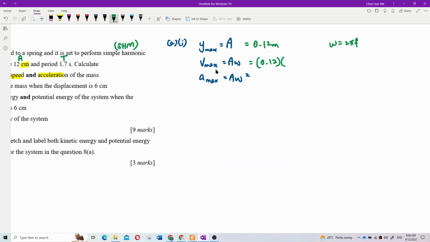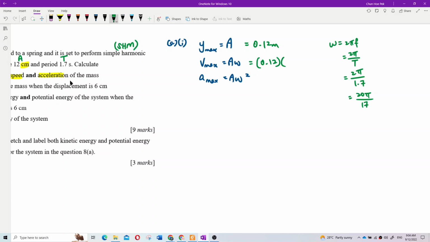Omega is 2 pi f or 2 pi over period. Your period is 1.7 seconds. So 2 divided by 1.7. Cannot divide, so maintain it in fraction form first.